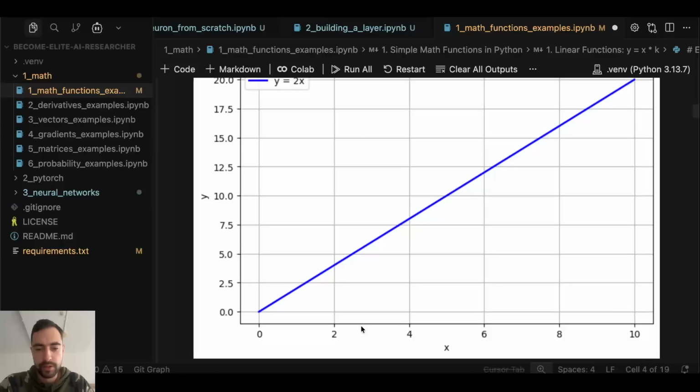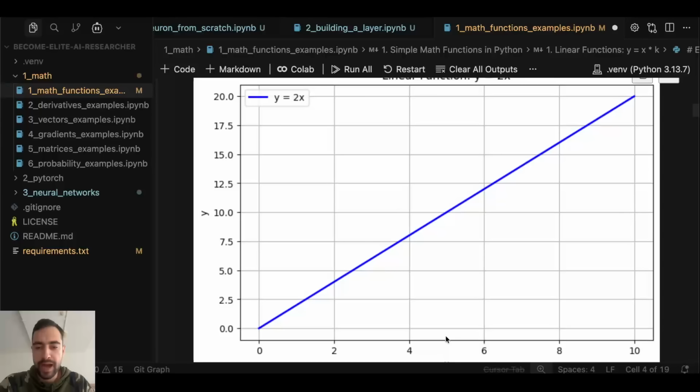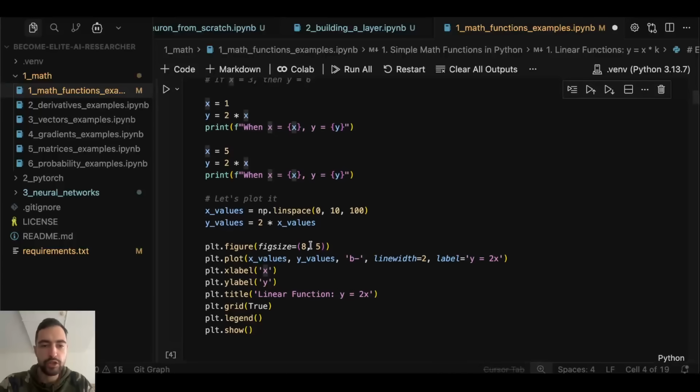So for example, for 2.5 right here, y will be 5. For 2, y will be 4 right here. For 5, y will be 10. So if we then just connect all of these dots, we get this line. So this is a linear function.